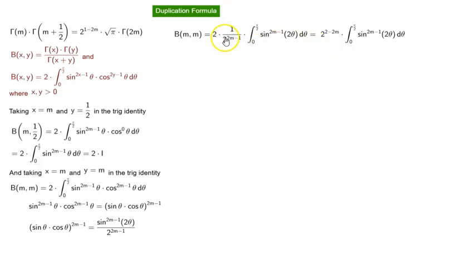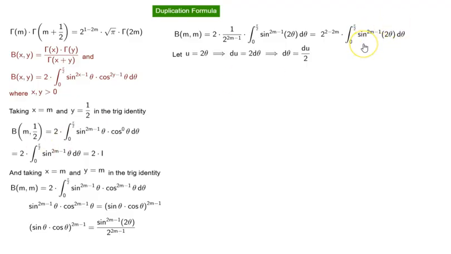Now from the denominator we take it up, we get 2 to the power of minus 2m plus 1. And we already have a 2 here. So we have 1 minus 2m plus 1. So that means we have 2 to the power of 2 minus 2m times the integral 0 to pi by 2 of sine to the power of 2m minus 1 of 2 theta d theta.